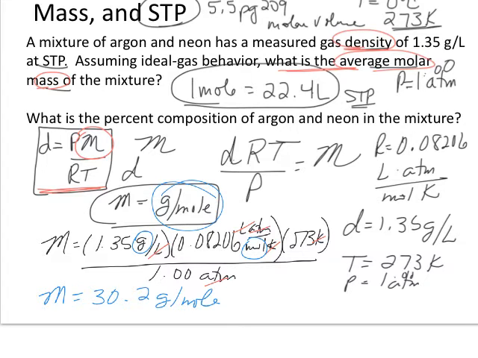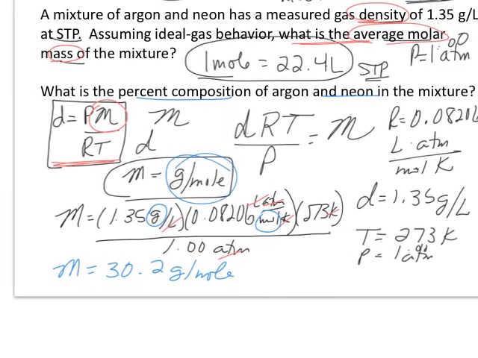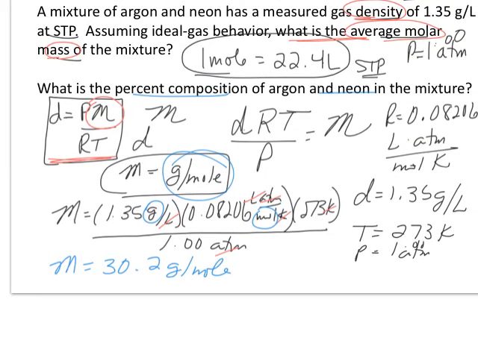Then the question is, what is the percent composition of argon and neon in the mixture? This is a little tricky. Do you remember last chapter where we talked about the average molar mass and our formula? We took whatever the mass was times the percent abundance, and then we added another mass times the percent abundance.